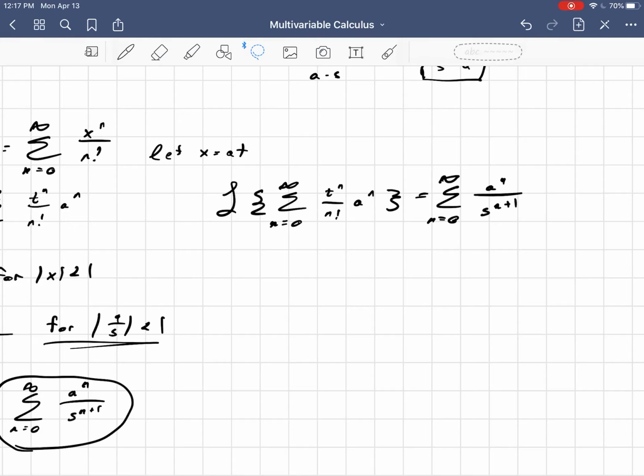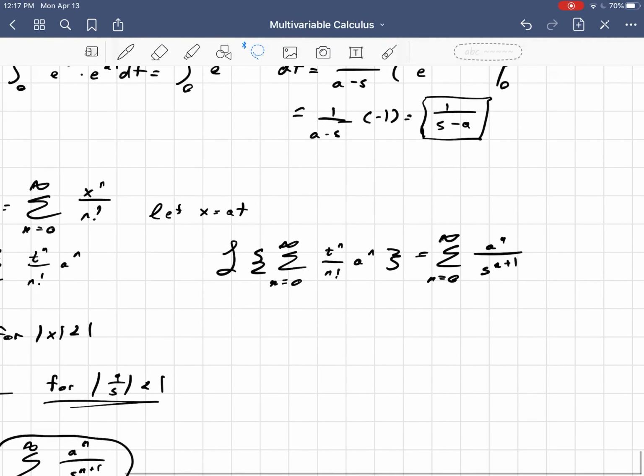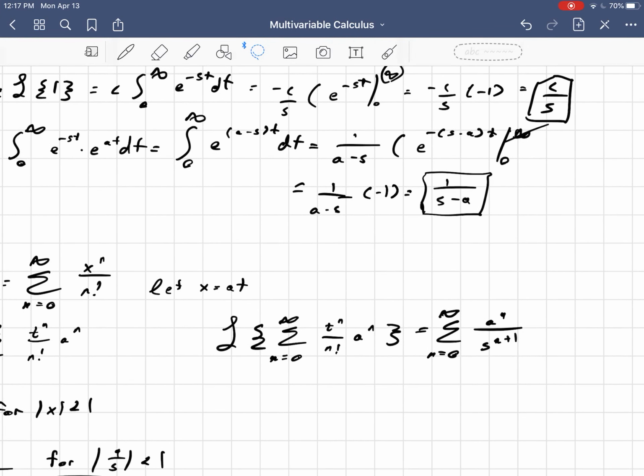The Laplace transform is just an integral, and if I have a summation in the integral, and since we're assuming these functions to be continuous and all, there's a theorem called Fubini's theorem.